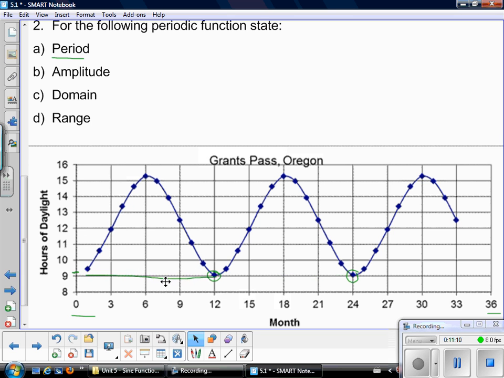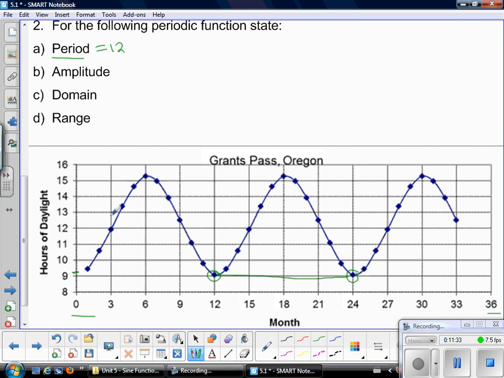It looks like that is the length of the period, so from 12 months to 24 months. What's the distance in between? Well, it's 12. So the period equals 12.